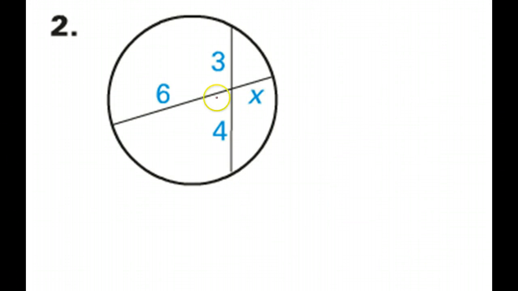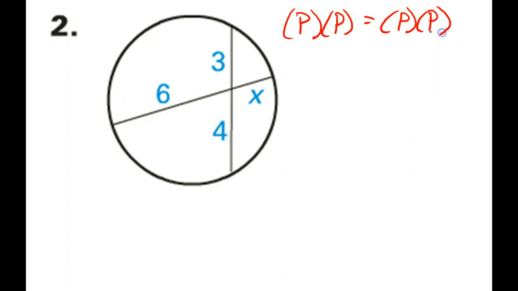Look at this problem. For example, these are chords intersecting inside of the circle. So that means we will do our part times part equals part times part. Okay? So in the case of this chord, that's going to be 6x, part times part.